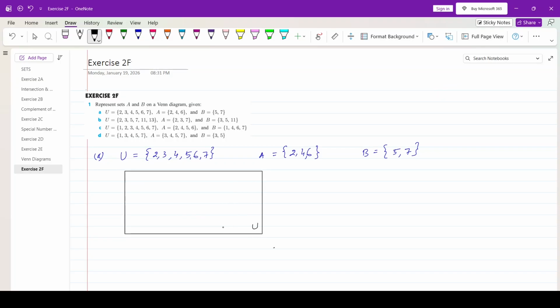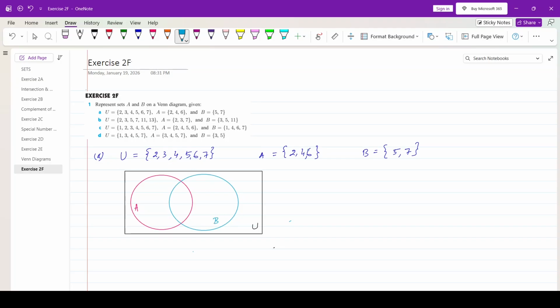So this is U. Now A is a circle. This is A. We also know we have B, which is this circle.